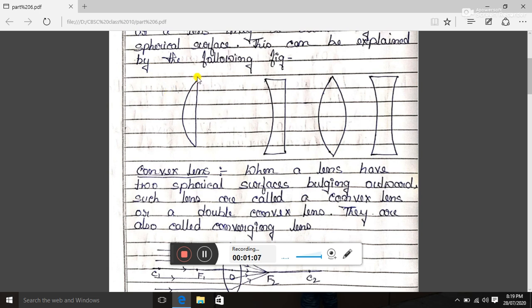In this figure you will see that this side is a spherical surface and this side is a plane surface. Here also this side is a spherical surface, this side is a plane surface. But in this figure both sides are a part of a spherical surface. Here also both sides are a part of a spherical surface. So this type of glass is called a lens.